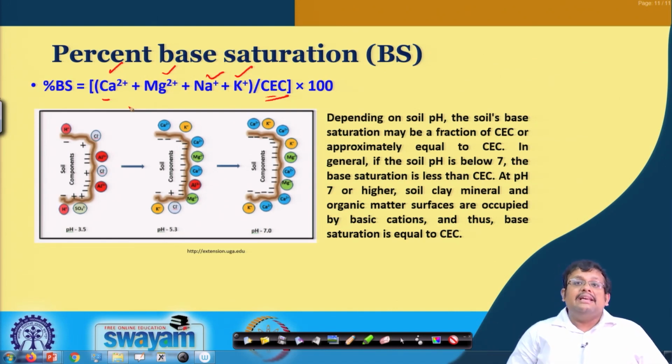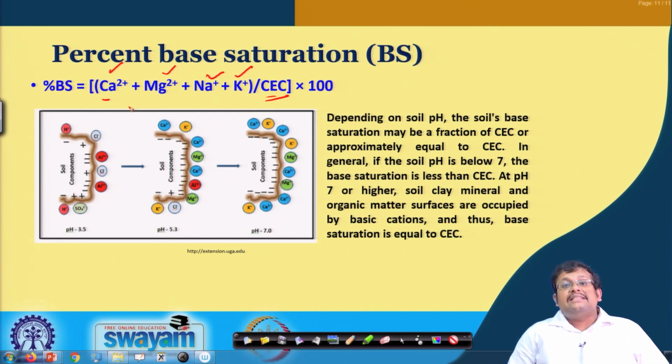In general, if the soil pH is below 7, that is, acidic in nature, the base saturation is less than the CEC, obviously, because the CEC includes both H plus and Al3 plus also. In the calculation of the total CEC, we incorporate H plus and Al3 plus. So, in acidic conditions which contain a high amount of H plus as well as Al3 plus, the percent base saturation will be less than the CEC.